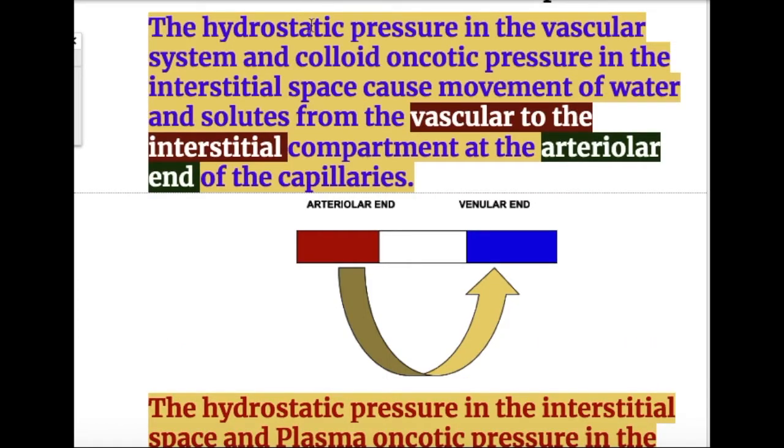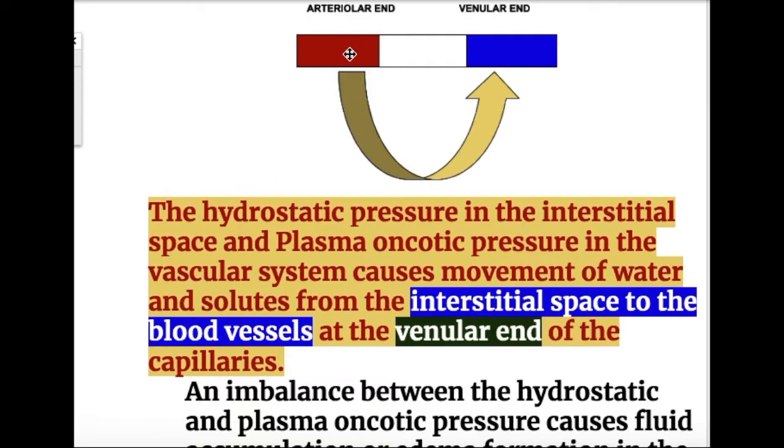So the hydrostatic pressure in the vascular system and colloid oncotic pressure in the interstitial space cause movement of the water and solutes from the vascular to the interstitial compartment at the arteriolar end of the capillaries, whereas the hydrostatic pressure in the interstitial space and the plasma oncotic pressure in the vascular system cause the movement of the water and solute from interstitial space to the blood vessels at the venular end of the capillaries.